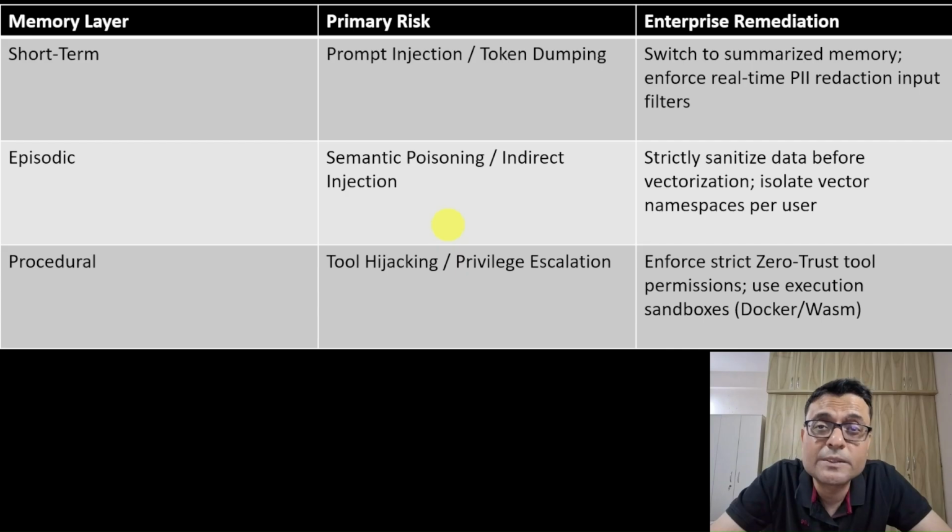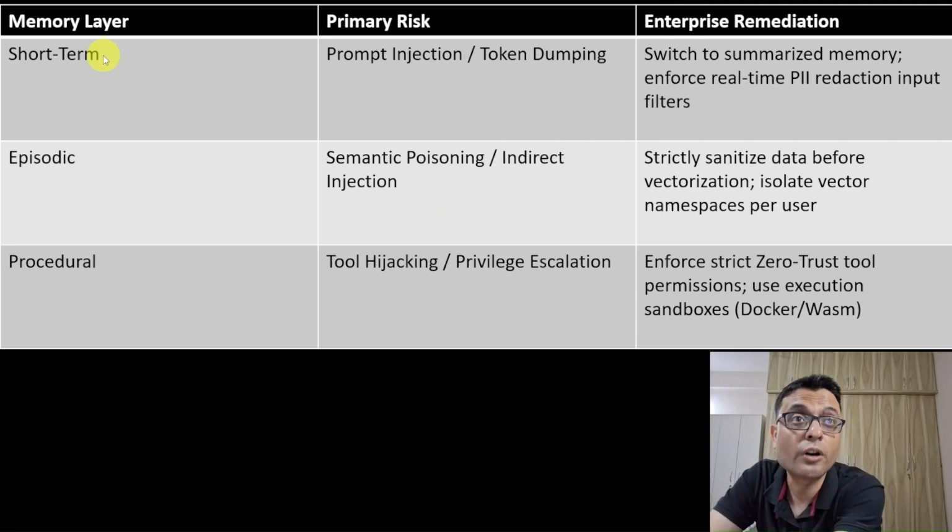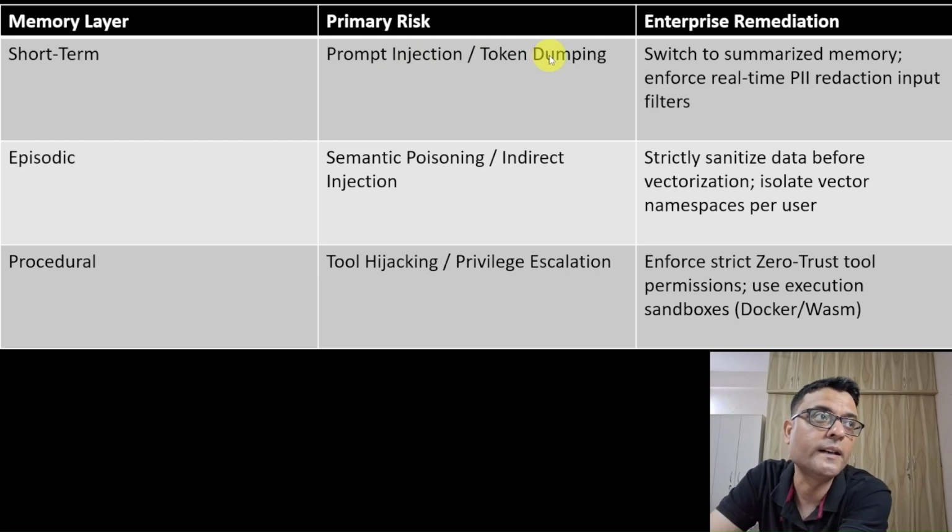Securing an agent requires defending every layer of the cognitive stack. If you are building agentic systems for production, here is your quick reference architecture blueprint. The short-term memory has a primary risk of prompt injection and token dumping.